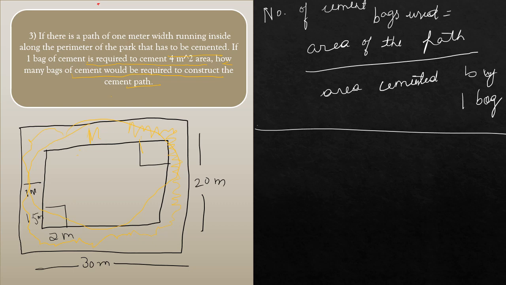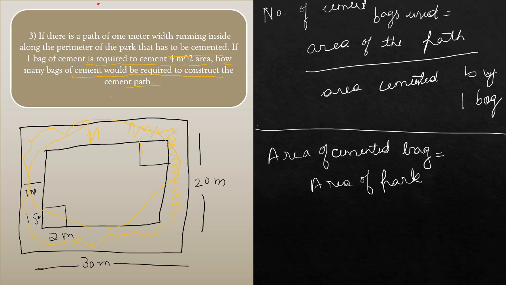We have to find area of the path is equal to area of the park minus area of park not cemented.